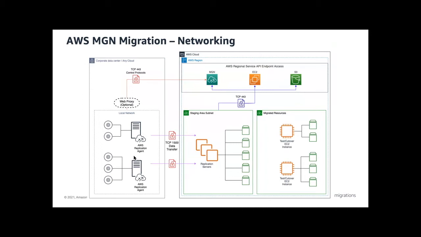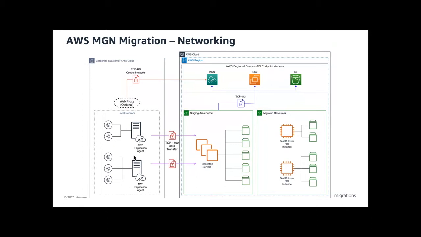And also you're going to notice that you need to open SSL communication from the staging area to the MGN and EC2 instance and the S3, because the binaries for the agent and some of the things related to the workflow itself communicate with EC2 and S3, right? So this is pretty much the overall view on the network piece.